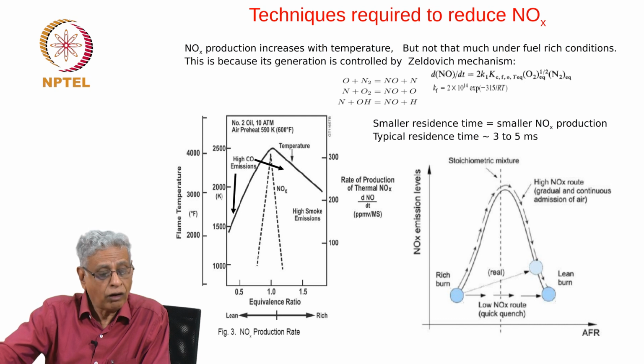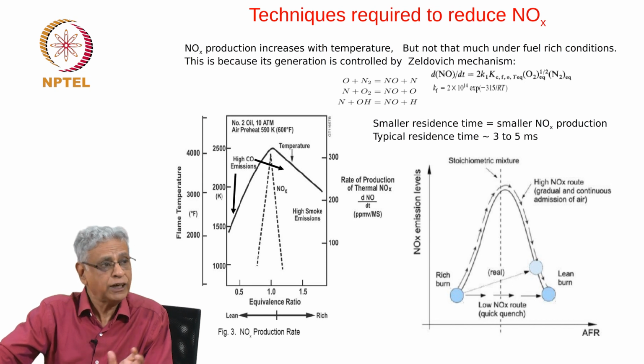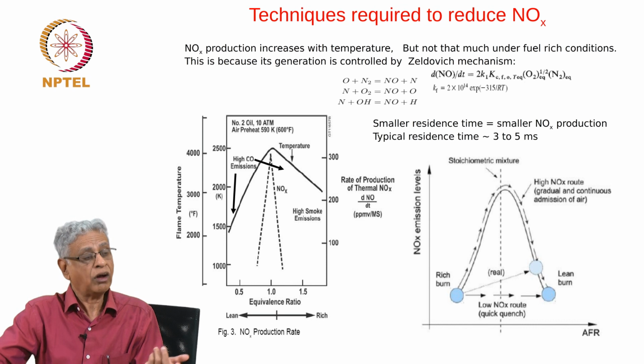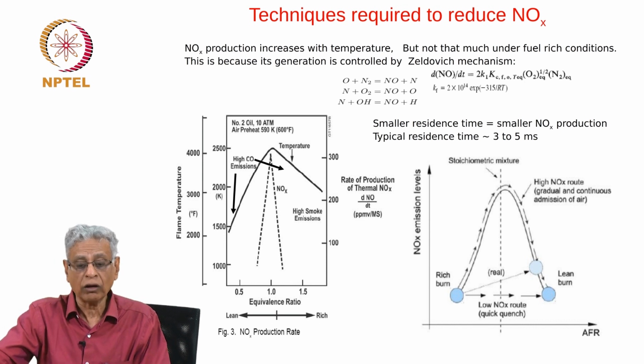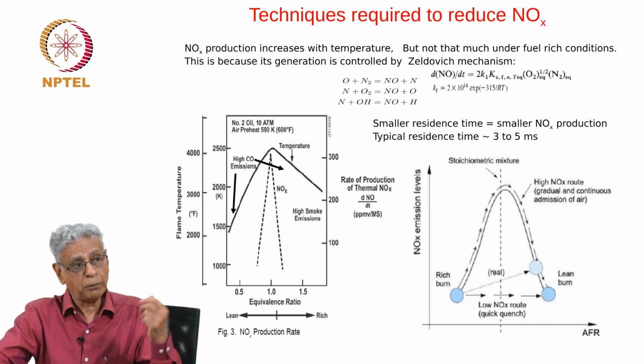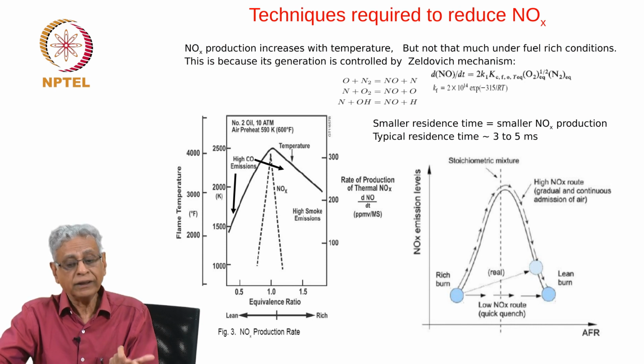Then you will find the NOx is low on the fuel lean side. It gets low because of temperature, and on the fuel rich side it goes low because the oxygen fraction is very low. As you see here, the oxygen fraction controls it. So, if you are on the lean side, this controls it, but the temperature is low, so it goes down. On the rich side, there is no oxygen at all, and therefore it goes down.